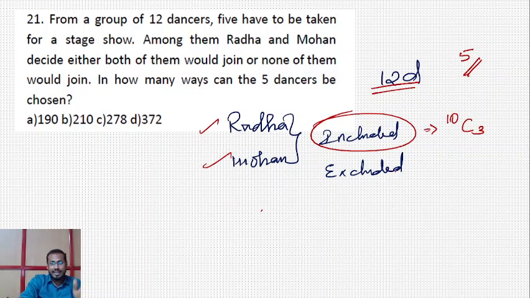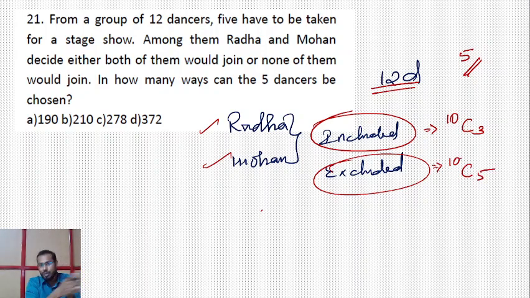If they are not selected, both of them are neglected, excluded. That means out of 10, I'm going to select the remaining 5. Out of 10 means I excluded the 2, so only 10 members. From 10 members, you can select any 5. Okay, these are the 2 options. Either I need to choose this or I need to choose this.